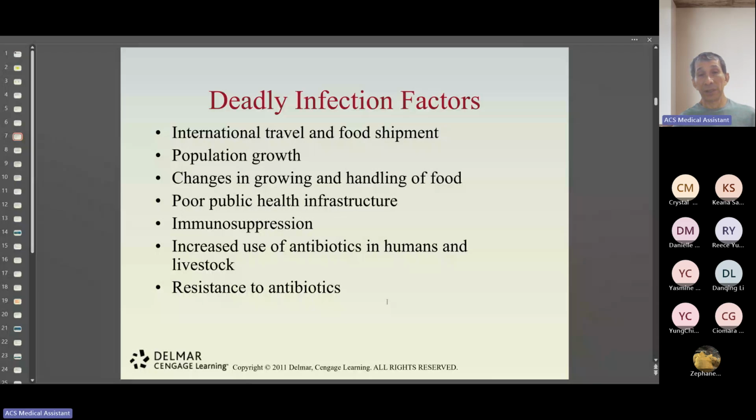So we definitely need to be very careful, because otherwise we're going to create some type of resistance to antibiotics, meaning these antibiotics do not work for that particular condition that you may have.